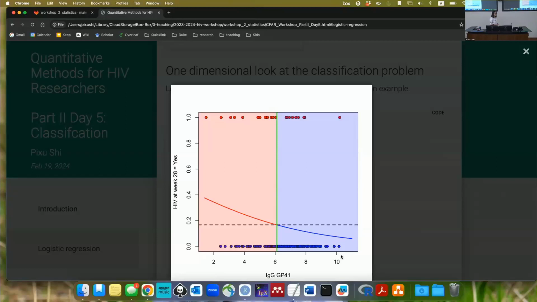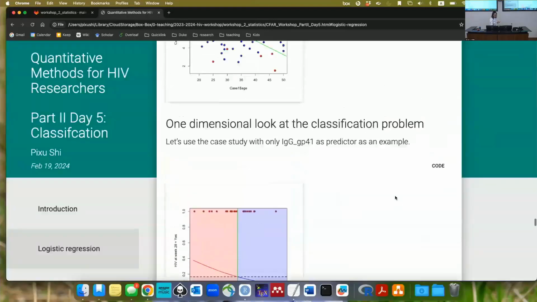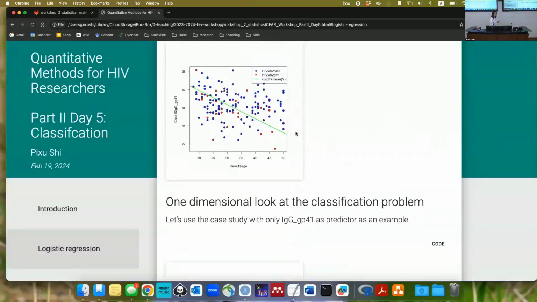That's a great question. So it really depends on how balanced your data set is. For example, in this data set, we have the majority being uninfected. You can just say that I have a nonsense classifier that classifies everyone into uninfected, and the misclassification rate is not going to be very high. It's going to be the proportion of the infected, 16%.